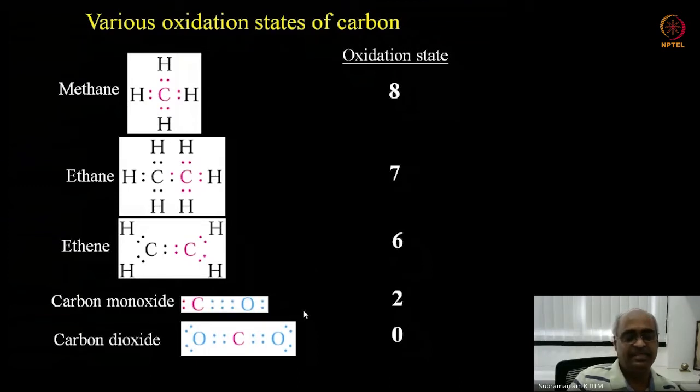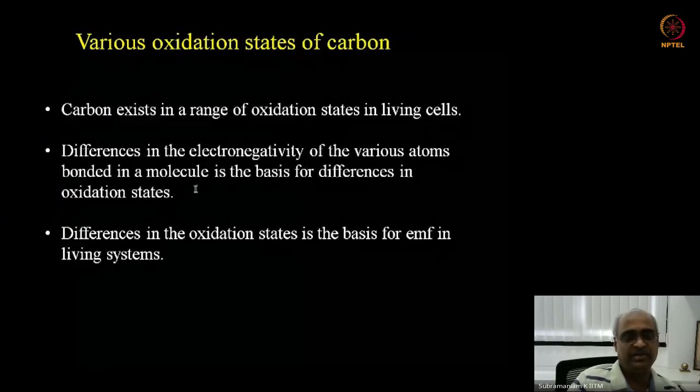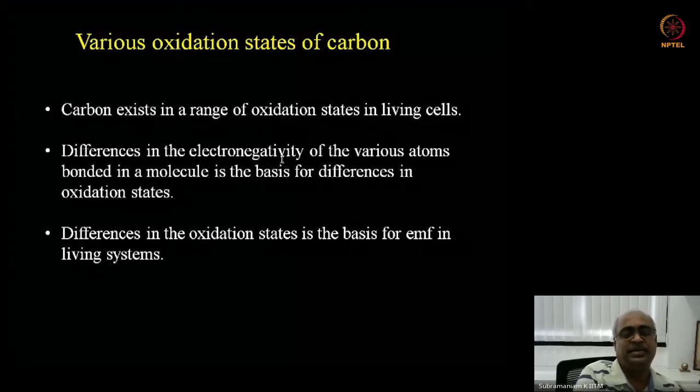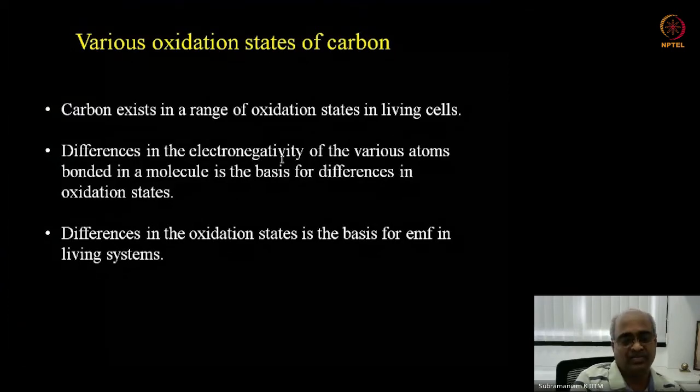And the energy, the relative affinity primarily therefore comes from, now we will understand this bullet better. Differences in the electronegativity of various atoms bonded in a molecule is the basis for the differences in the oxidation state of that given molecule. Okay, so oxidation state of methane versus oxidation state of carbon dioxide. So methane can give up electrons.